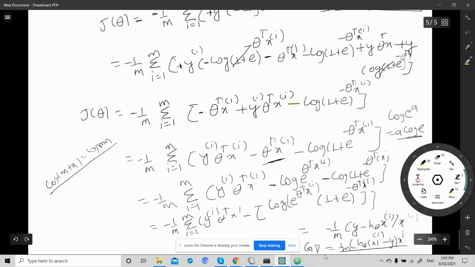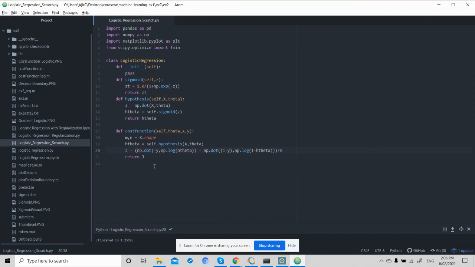So now let's implement this gradient descent equation. Let's write another function, gradient.